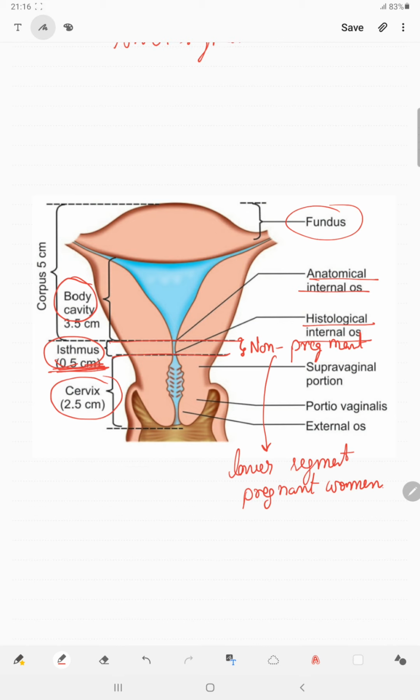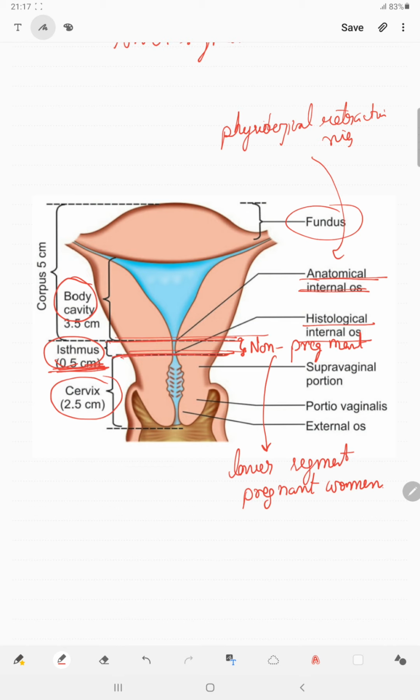Okay, so what happens in a pregnant woman is, corresponding to the above boundary, the anatomical internal os, there would be formation of a physiological retraction ring, and corresponding to this histological internal os, there would be a formation of a fibromuscular junction.